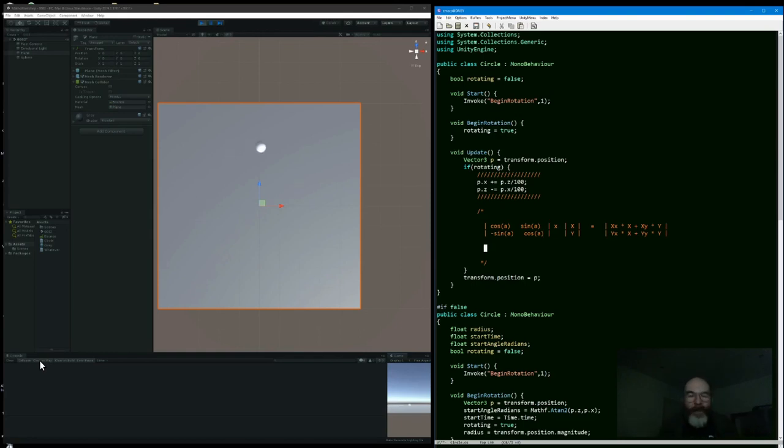Now here's the thing, if you want to make an object like this rotate, you can use a small angle. So let's make the angle really small. The thing is that as you make the angle small, you find that the cosines get big and the sines get small.